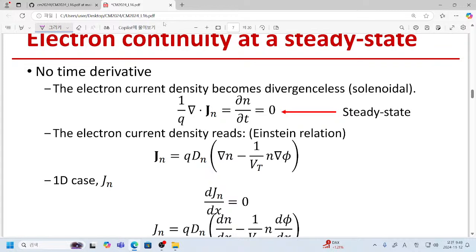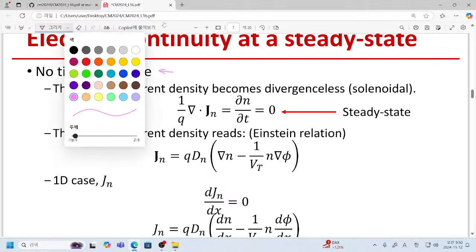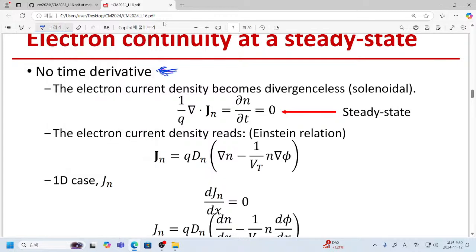Here we have an important difference between our device simulation and the previous dopant diffusion simulation. In many cases in device simulation, first we consider steady state. Steady state means that all of these time dependent quantities go to 0.